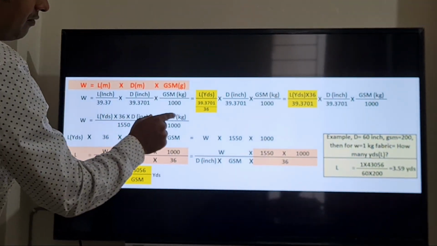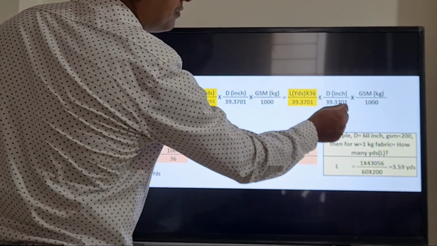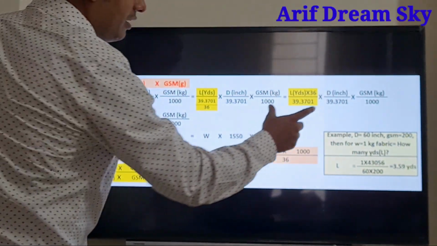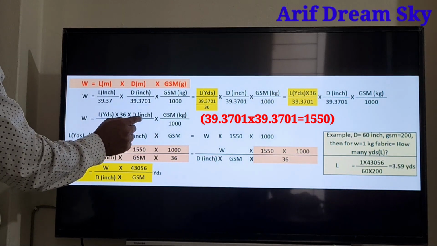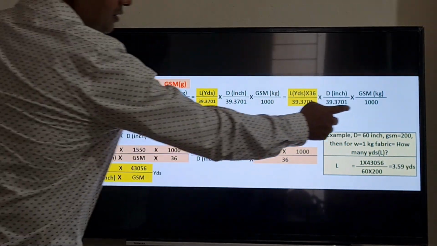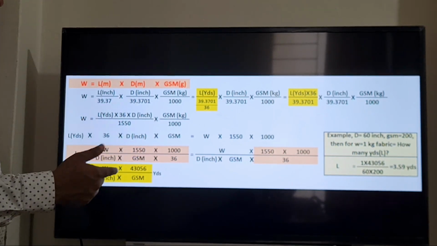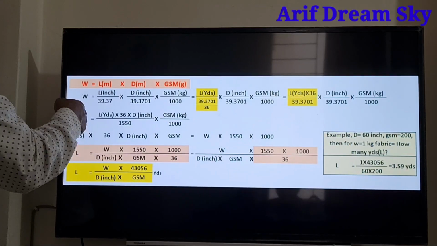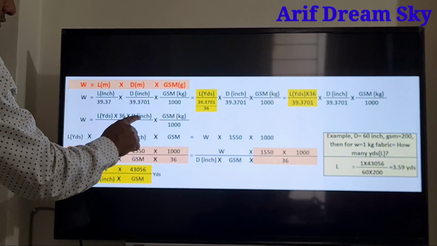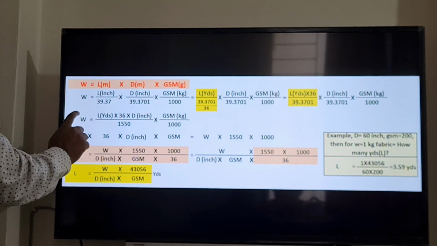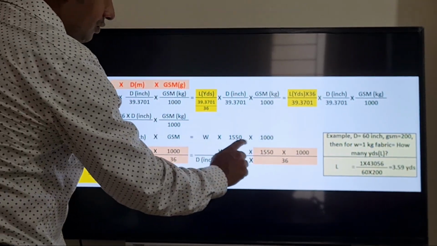The two figures 39.3701 and 39.3701, if we multiply them, we get 1550. So we can simplify: length into 36 into dia into GSM equals weight into these figures.